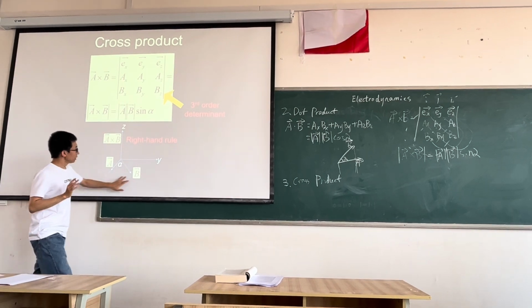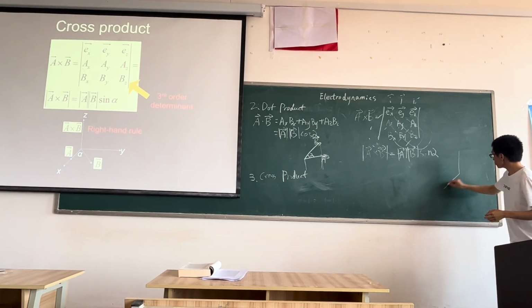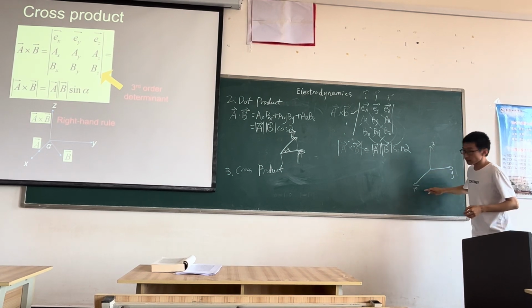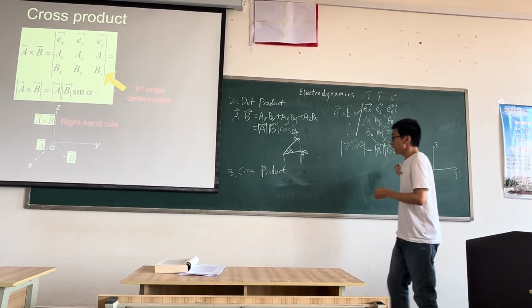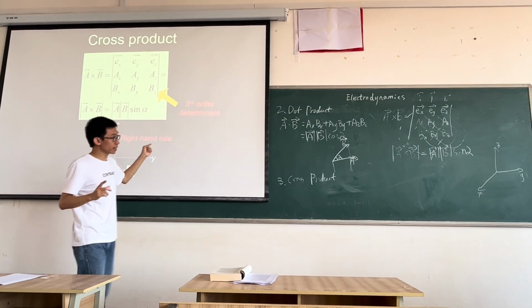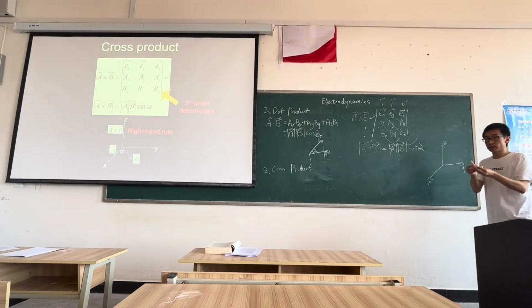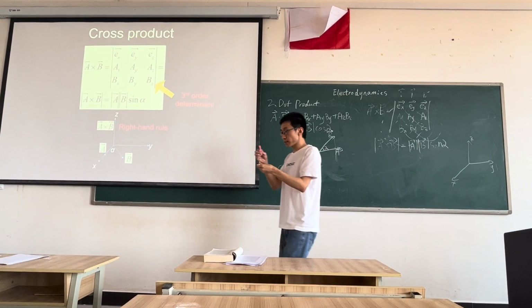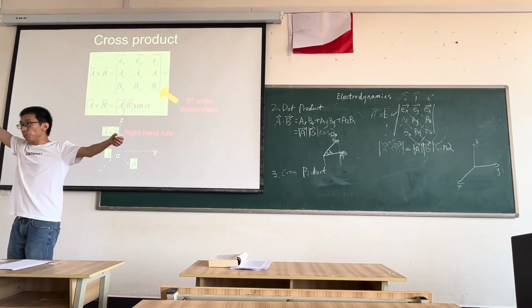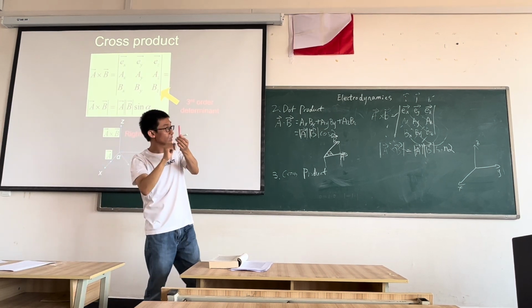Alright, let's draw Cartesian coordinates first. This is a Cartesian coordinate. Before drawing it, we have two vectors, vector A and vector B. How do we choose the Cartesian coordinate? The two vectors can be anywhere, but we can always move one vector parallelly so that the two vectors join together from the same starting point.